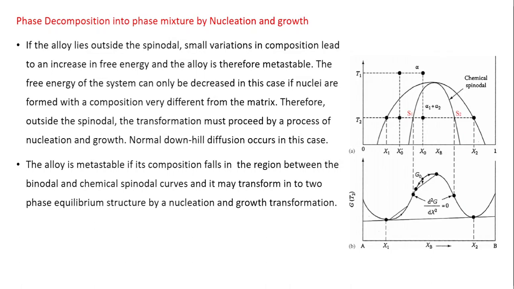For small fluctuations, there will not be a transformation of alpha. But if there is a large fluctuation, such as by nucleation growth, then alpha can transform into the product phases.